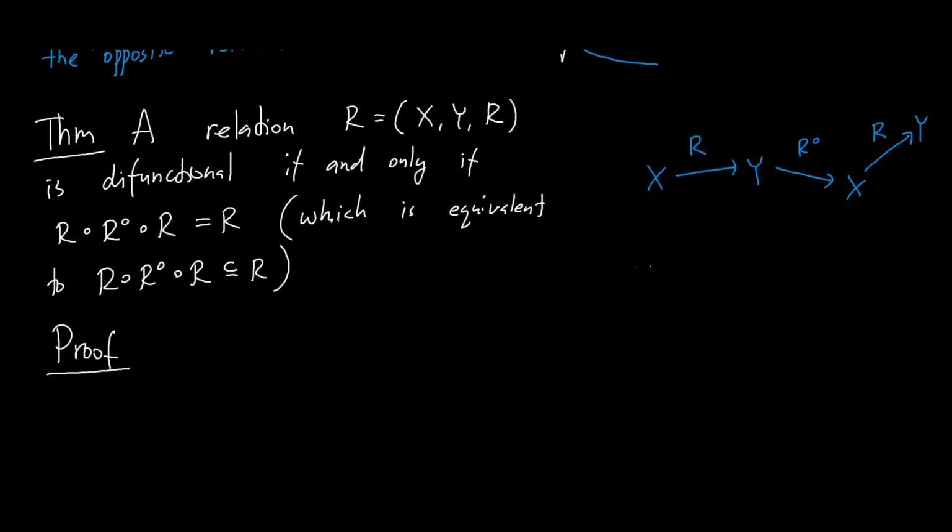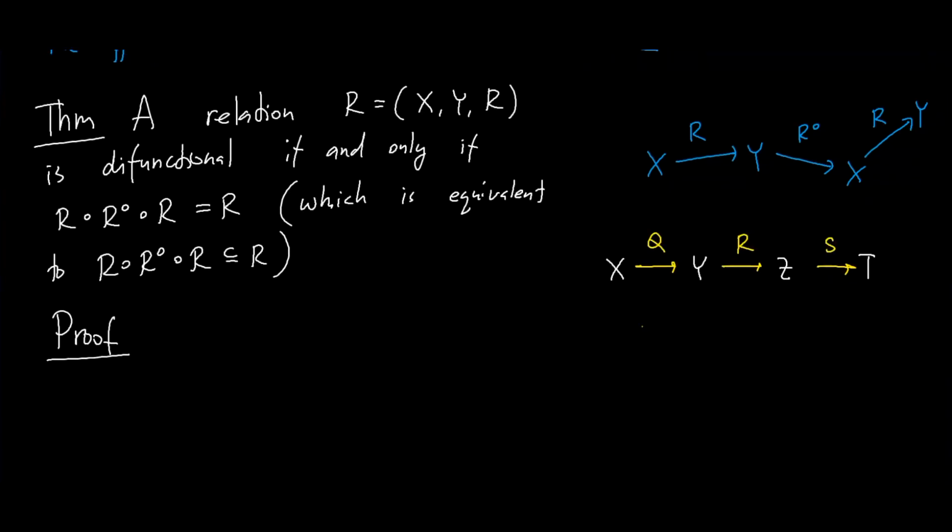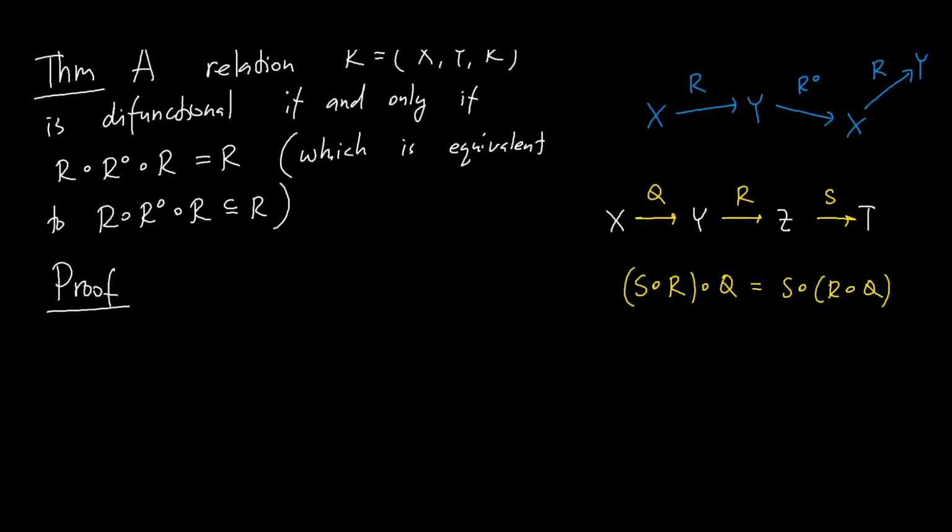Now, in general, when you have a setup of relations this way, X, Y, Z, T, and you've got three relations, I'll call them Q, R, and S. It turns out that the composite of S with R and that further composite with Q equals S composed with the composite of R and Q, just like with functions. In fact, the fact that composition of functions is associative is a consequence of the more general fact that composition of relations is associative.